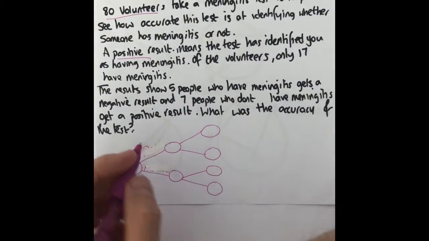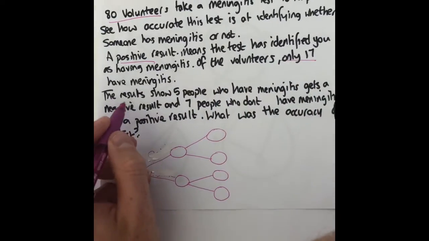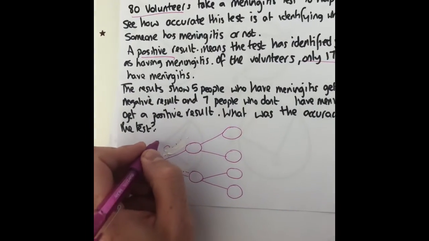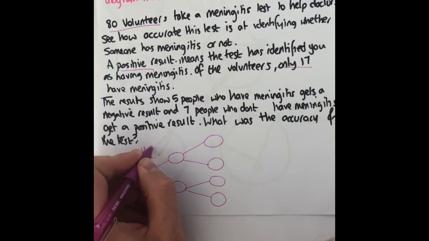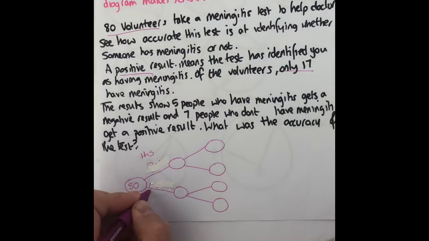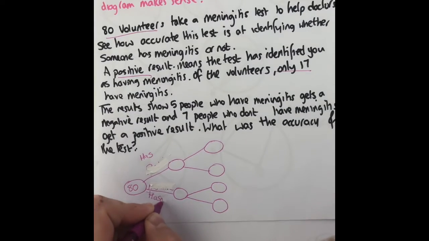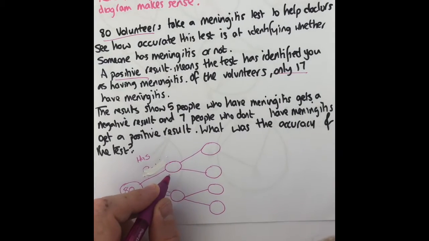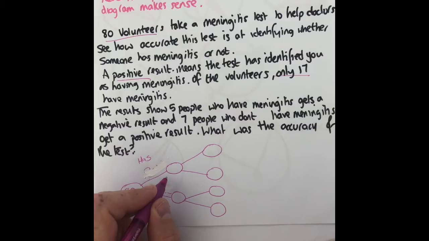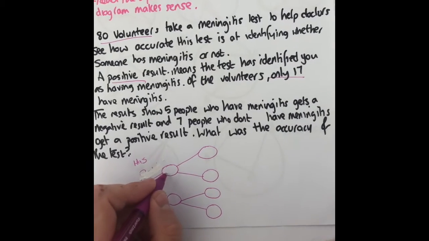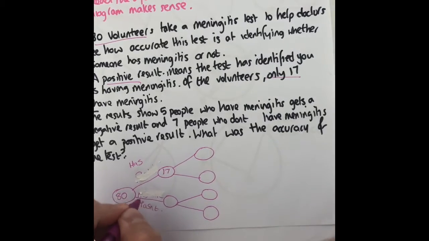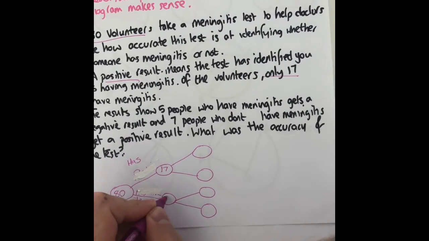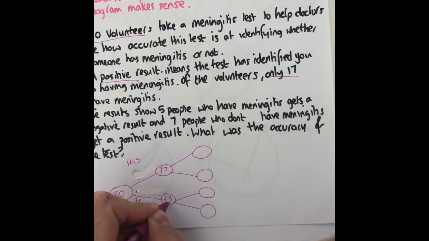So it says that only 17 have meningitis. So here I'm going to have this has meningitis and this one hasn't got meningitis. So of them, 17 have got meningitis. So has will be 17, which will go in there. And then here, well, you do 80, take away 17, which is 63.